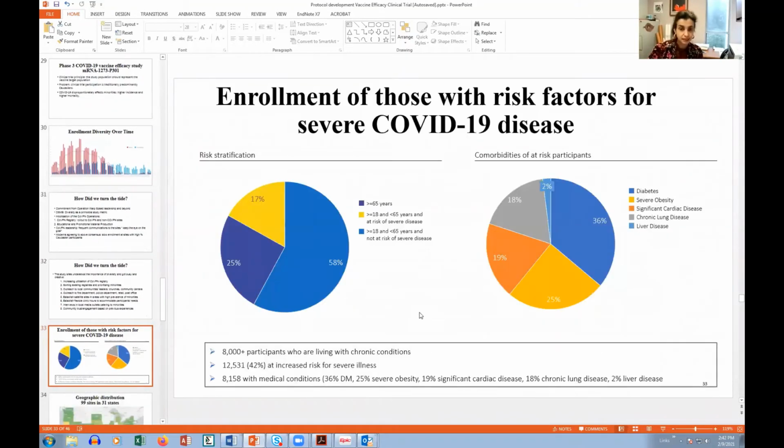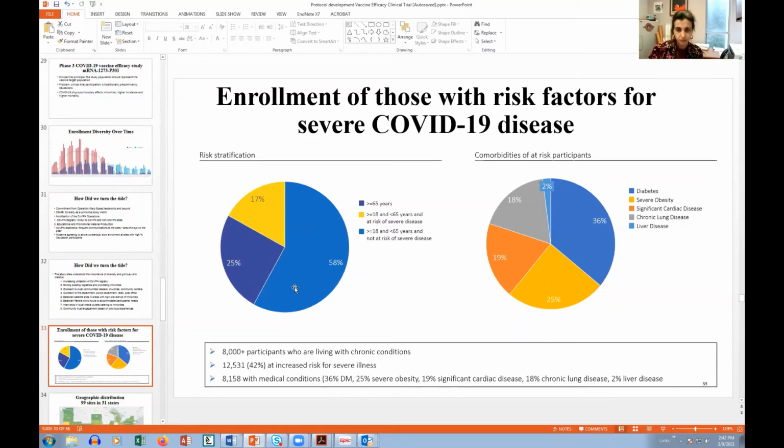The study did, however, from the get-go enroll a good proportion of those who are older than 65. You can see 25% were older than 65. 17% were young but had risk of severe disease: diabetes, COPD, heart disease.